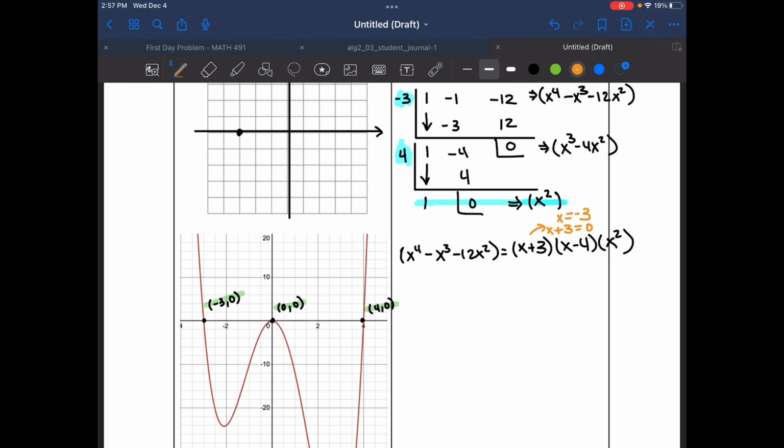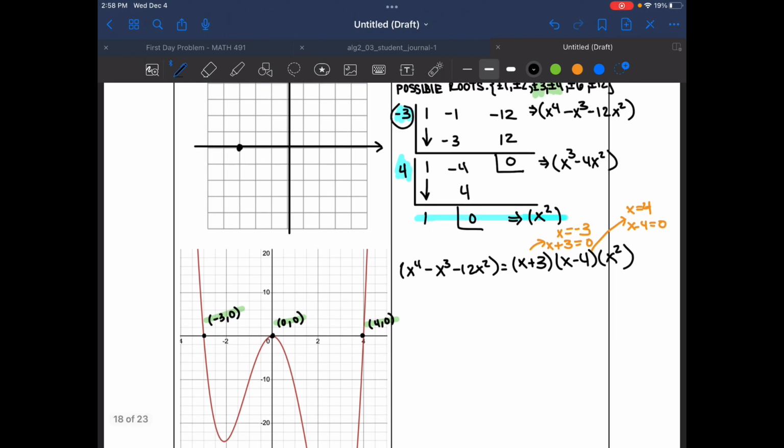And if I add it to the other side, I get my factor. Same thing here. X equals 4 is x minus 4 equals 0. Okay? So if you set all these factors equal to 0, you'll notice that you got -3 and 4.